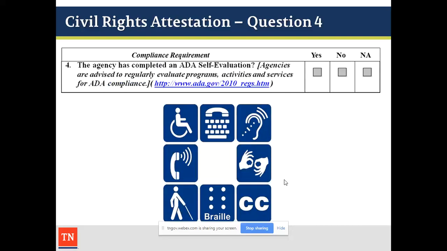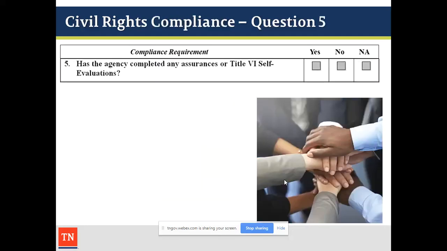The fourth question is asking if the agency has completed an ADA self-evaluation, so you will just answer that question. The fifth question is, have you completed any assurances or Title VI self-evaluations?